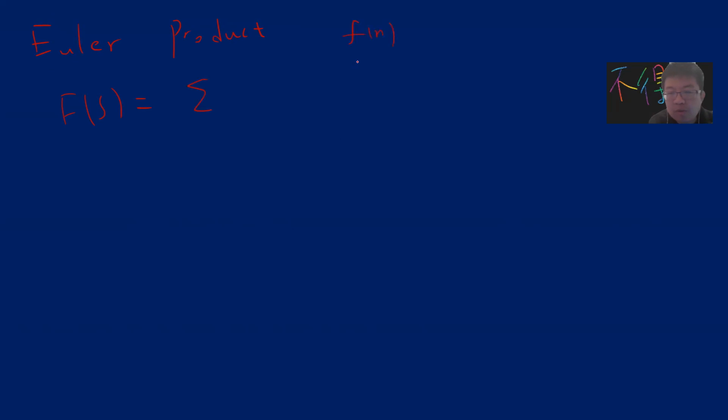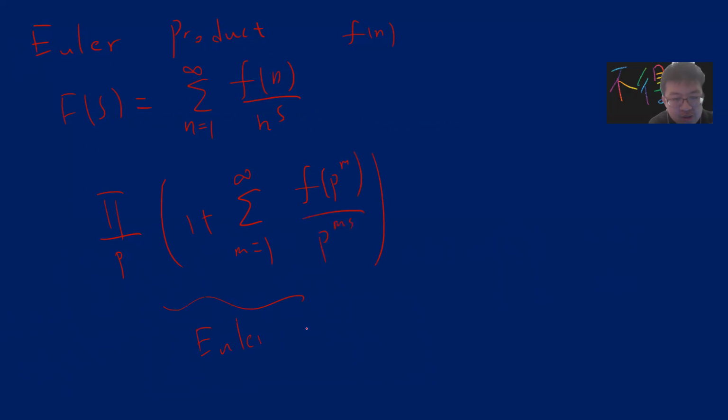Then you can put f of n divided by n to the s, summed from 1 to infinity, and say this is f of s. Another definition is that you come up with another function, where you take a product over primes of the sum over m from 1 to infinity of f of p to the m over p to the ms. This guy is defined to be the Euler product.